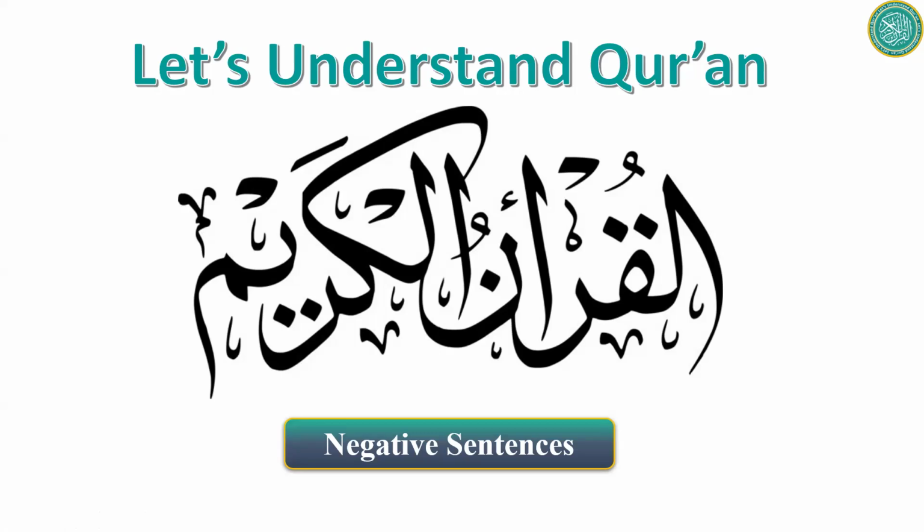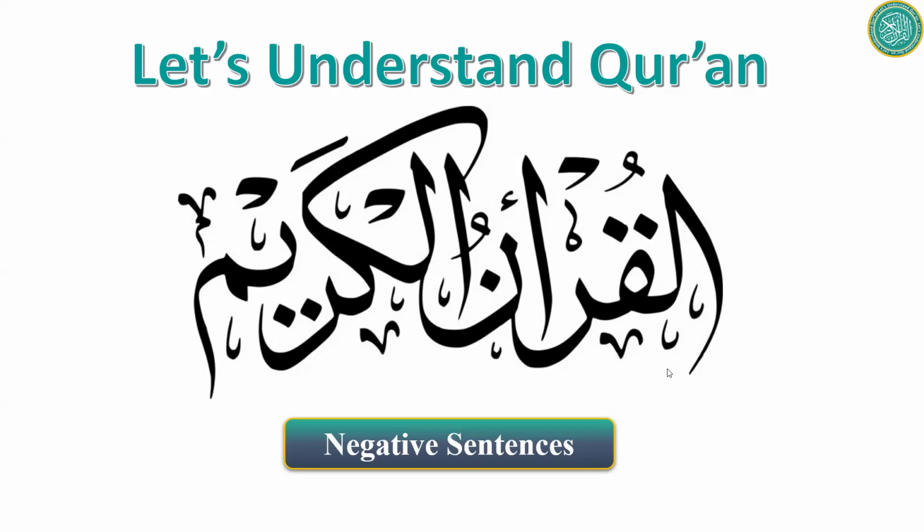So we have been learning sentences. We learned the verbal sentence, jumla fi'liya, first, and then we learned jumla ismiya, the nominal sentence, and we have finished doing that. Now we are going to learn how to make them negative, like a negative sentence.